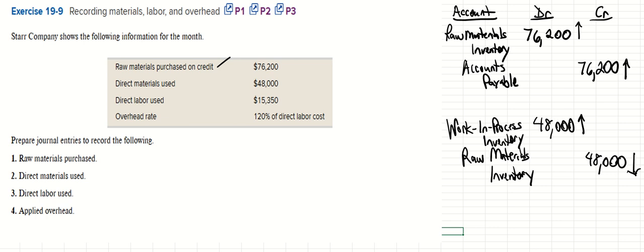Now, one thing to note here in regards to raw materials inventory and work in process inventory accounts: these two accounts are not accounts that you will see in a company's financial statements, specifically in the balance sheet. These are internal accounts. So only people within the business or working within the business are going to have access to this type of information.